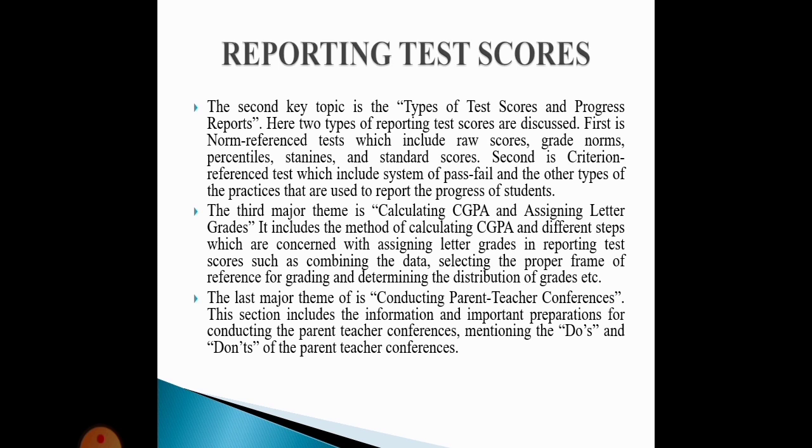The last major theme is conducting parent-teacher conferences. This section includes the information and important preparations for conducting the parent-teacher conferences, mentioning the do's and don'ts of the parent-teacher conferences.